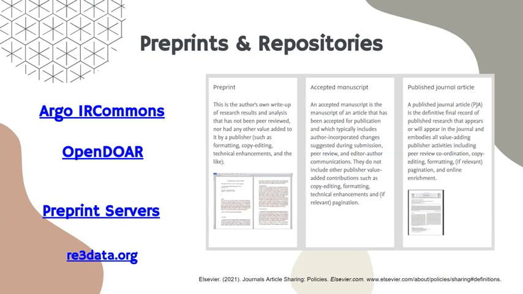Which one you submit to the repository will vary depending on the publisher and what type of access you want it to have. There are preprint servers and open repositories that also exist where one can deposit articles.